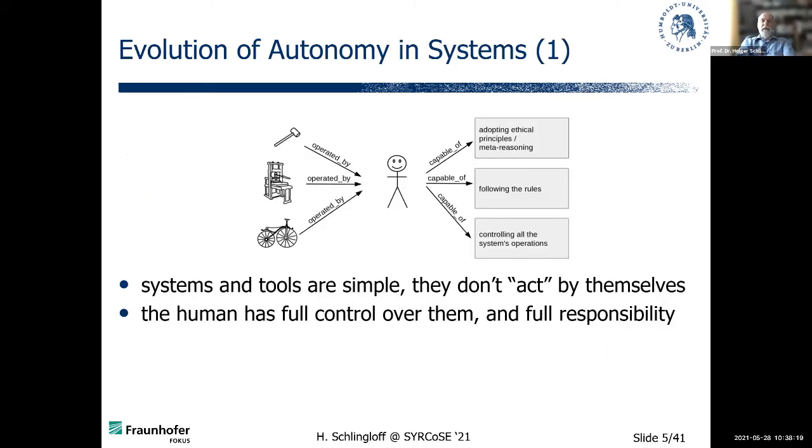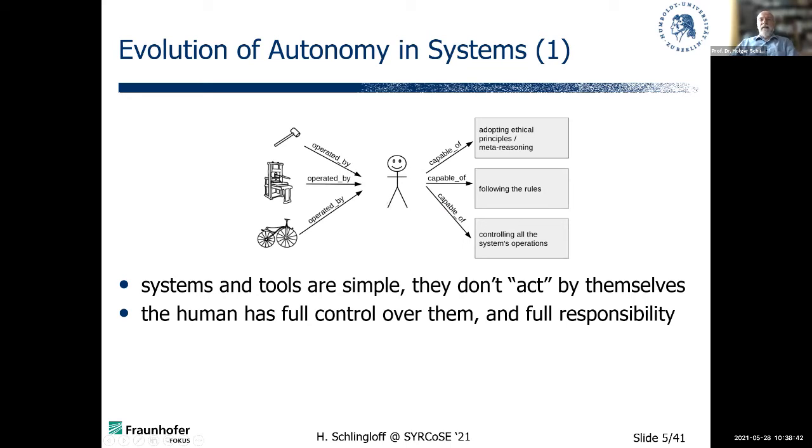So why is this concept important, and why is it of growing importance? Well, if you look at the history of engineering and technology, a hammer or a weaving machine or a bicycle is operated by a human, and it does not really act.